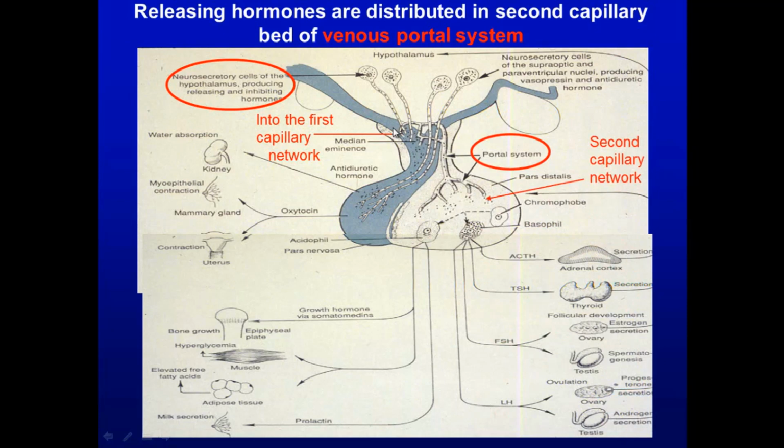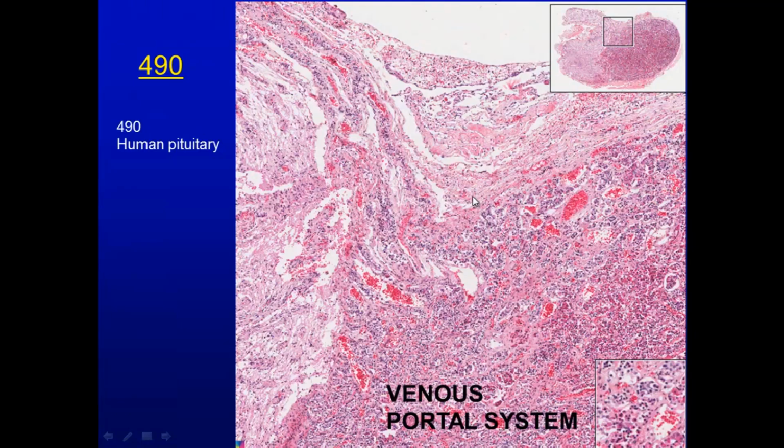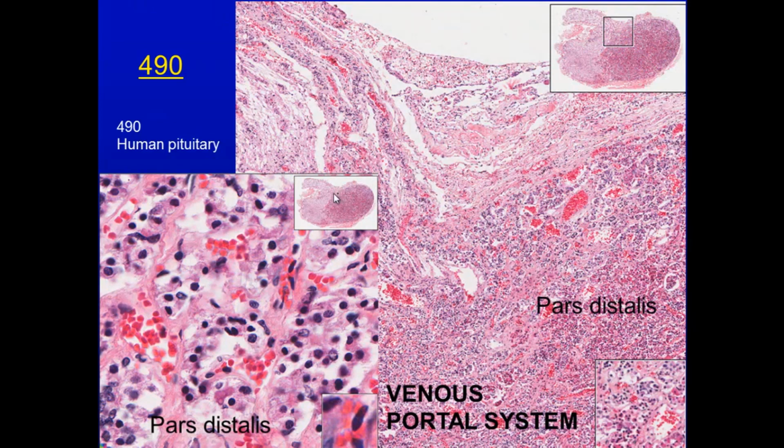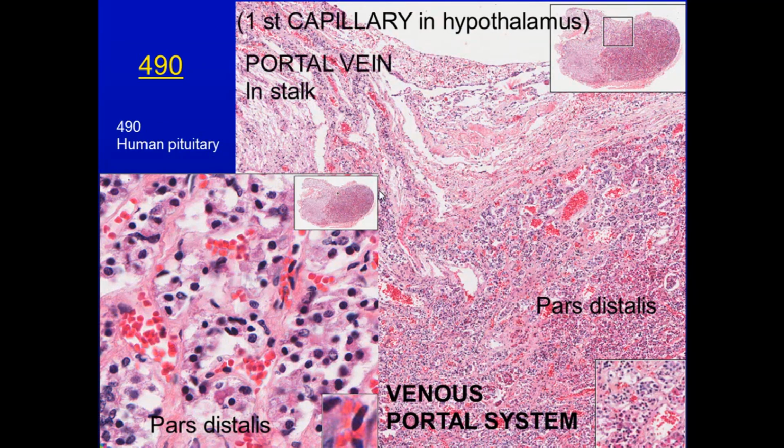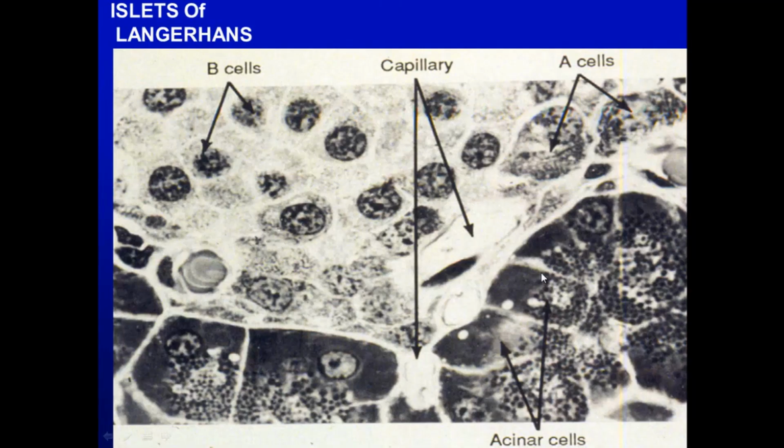So modified blood composition up here locally, and benefit of that local change in composition there. Here we see the venous plexus picking up the hormones, and then in the pars distalis, you see the rich vasculature for it to be able to affect the acidophils and basophils. First capillary network, and then the second capillary network is in the pars distalis.